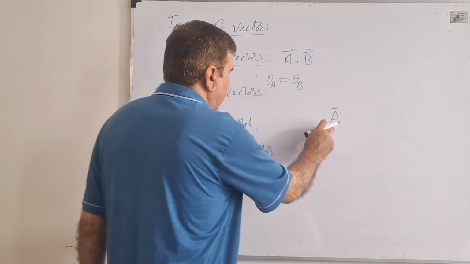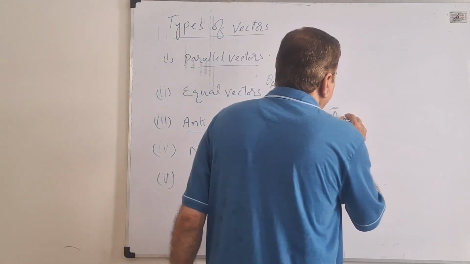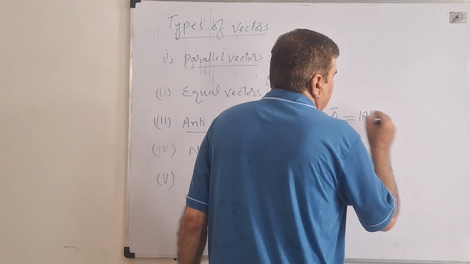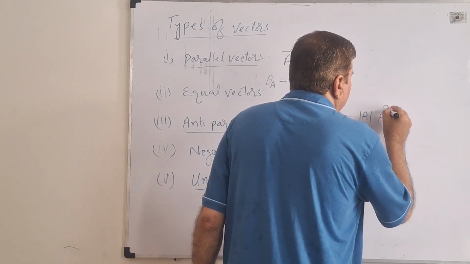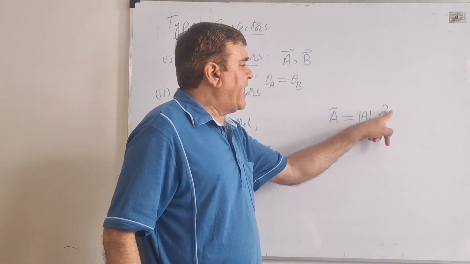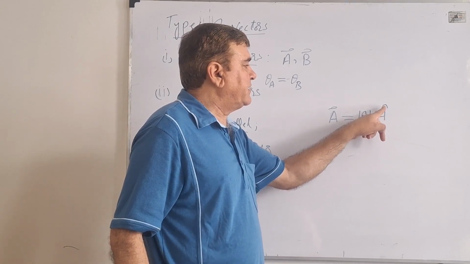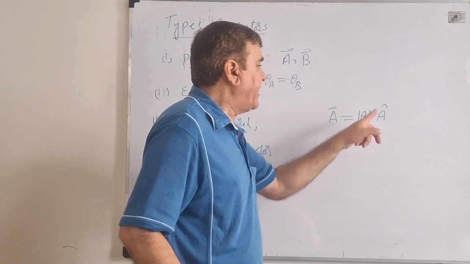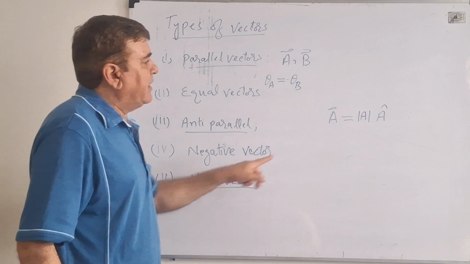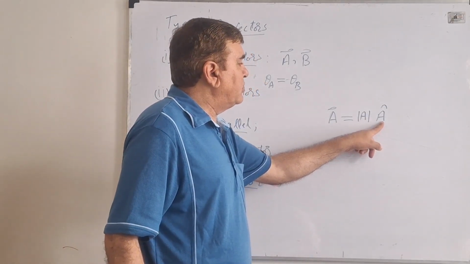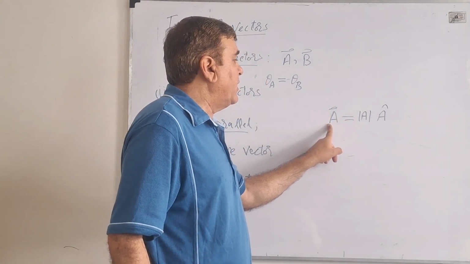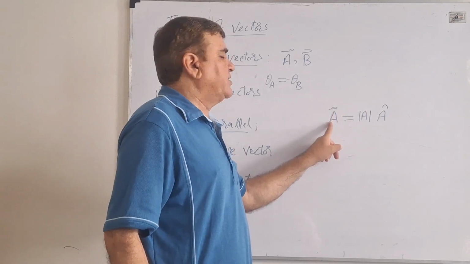In order to represent its direction, we write the magnitude of the vector and multiply it with another vector which we put a hat over, and this hat specifies that this is a unit vector. So the hat is a standard notation for representing a unit vector. A unit vector is a vector whose magnitude equals 1 and is pointing in the direction of A; in other words, the unit vector represents the direction of vector A.